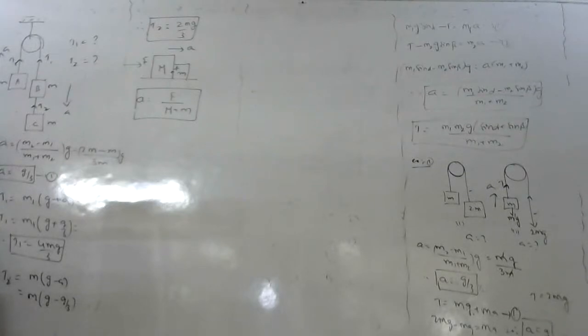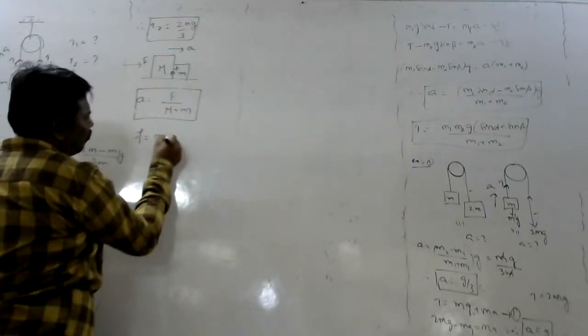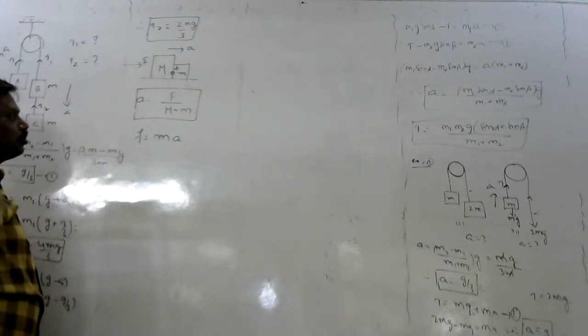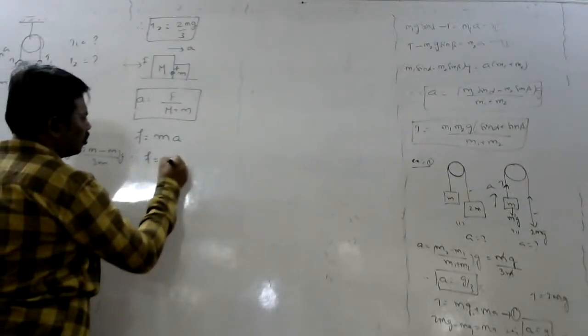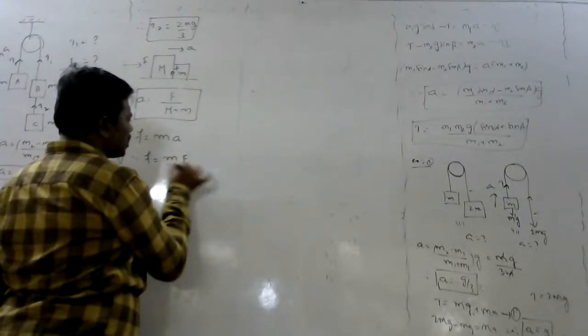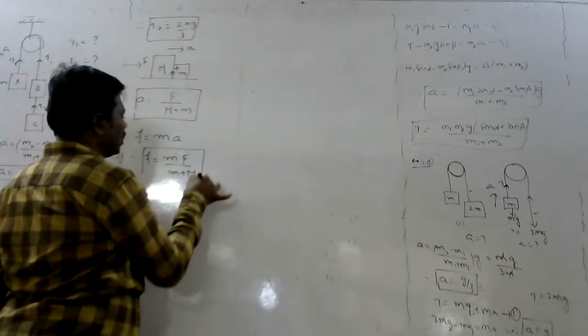Here, the contact force in between small m and capital M, small f, is equal to small m into A. Therefore, contact force small f is equal to small m into F by (small m plus capital M). So this application is also very important. These are the connected bodies.